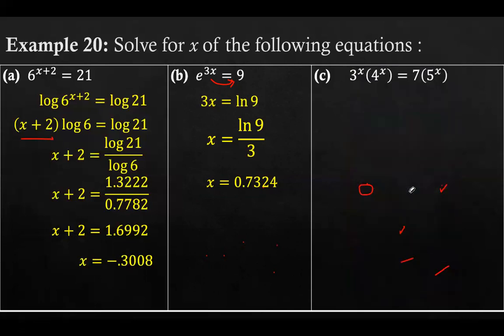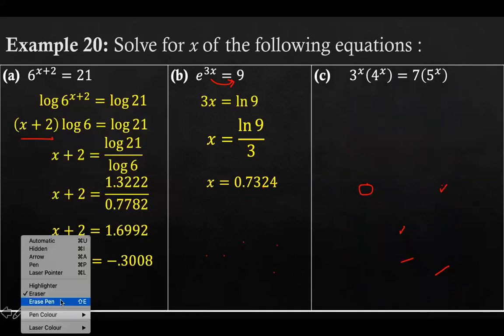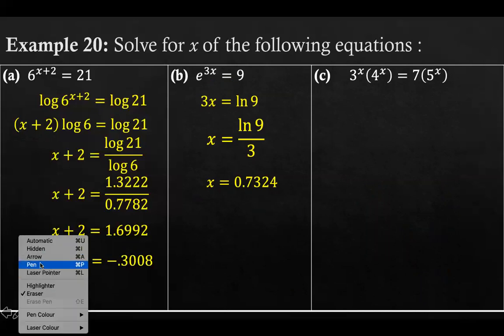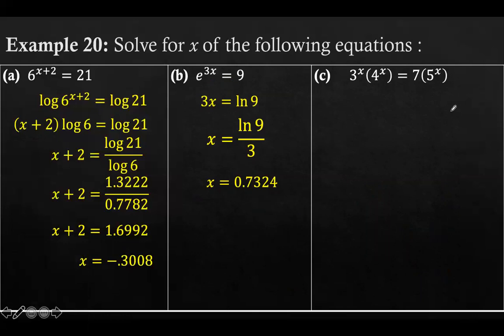Then we go to C. Okay, let me clear off all the pen there. All right, so 3 to the power x times 4 to the power x equals 7 times 5 to the power x. We want to solve x, right? So we need to shift all the x to the left hand side or the right hand side.